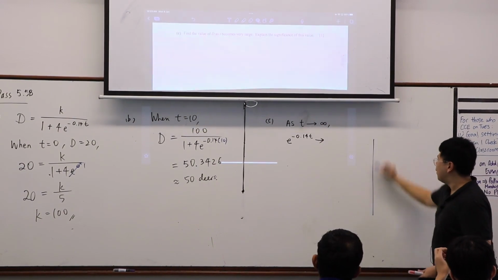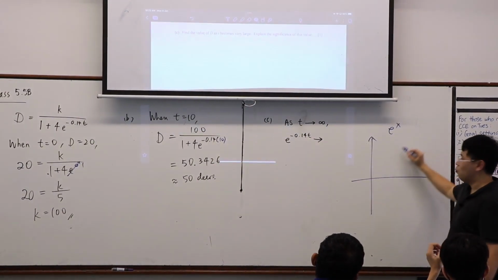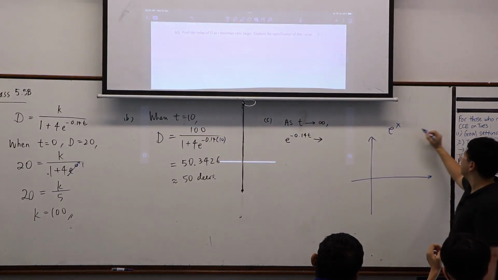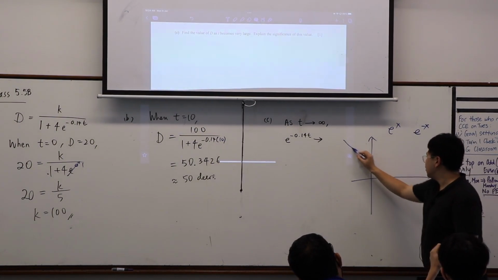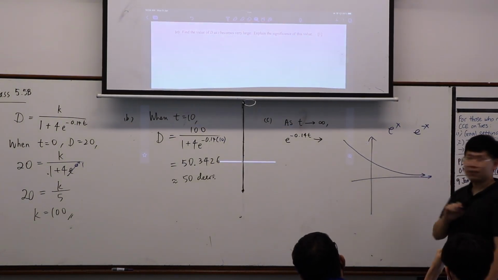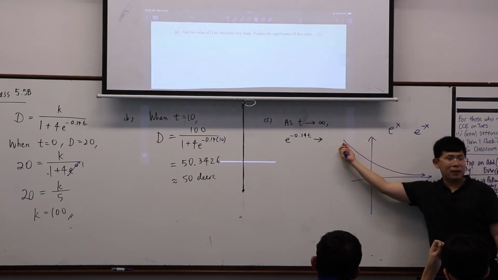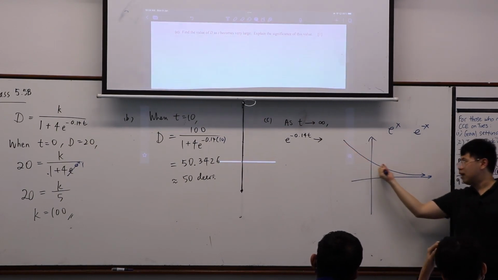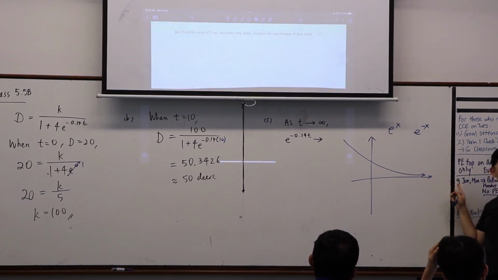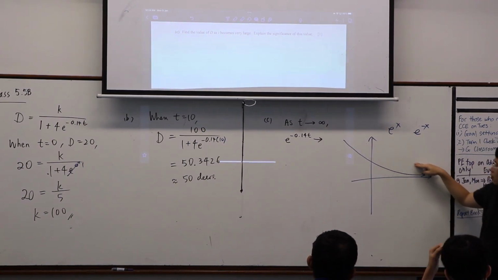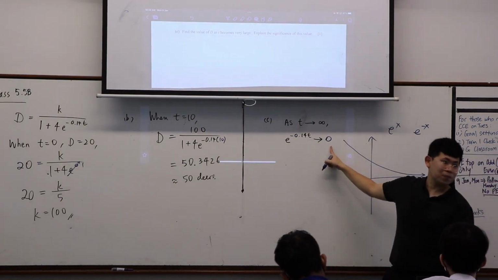If you remember, for e to the power of x, the graph goes exponentially upwards. For e to the power of negative x, the graph goes exponentially downwards. So as time passes by, if t becomes very large, what happens to this value? The value becomes closer and closer to 0. The y value becomes closer to 0.